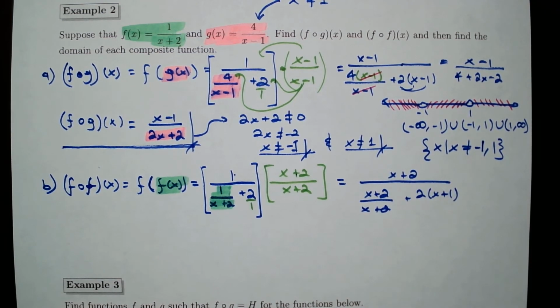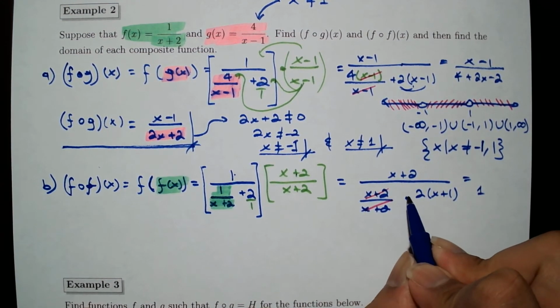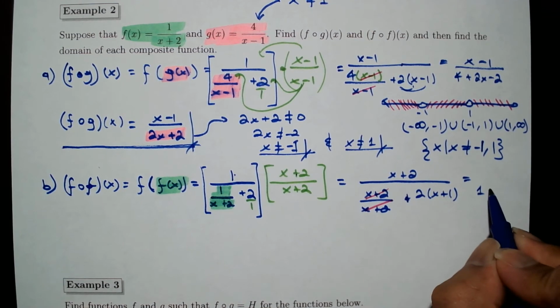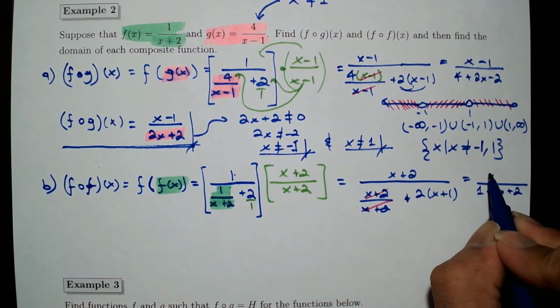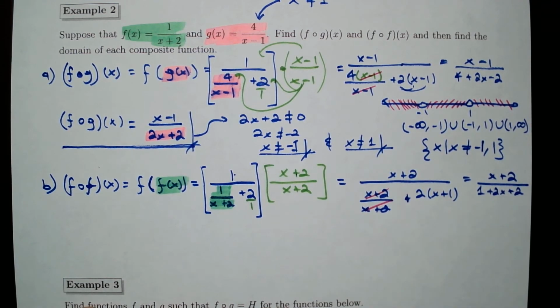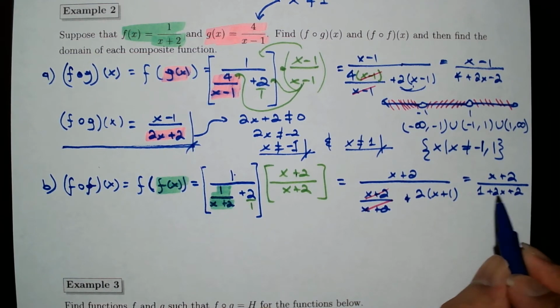In this case, these guys cancel, but they don't cancel to 0. Need to be very careful with that. This cancels to 1 plus 2x plus 2. X plus 2 in the numerator. So then this is going to be 2x plus 3.